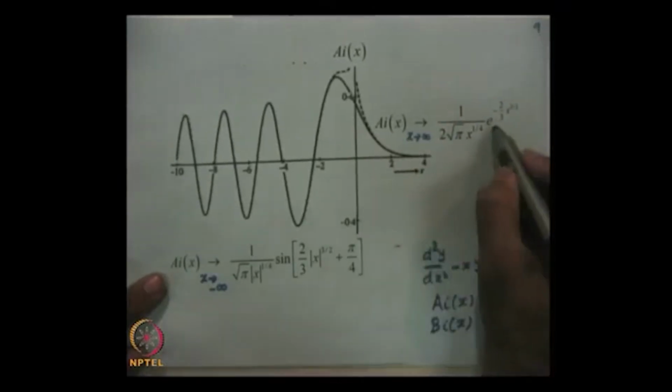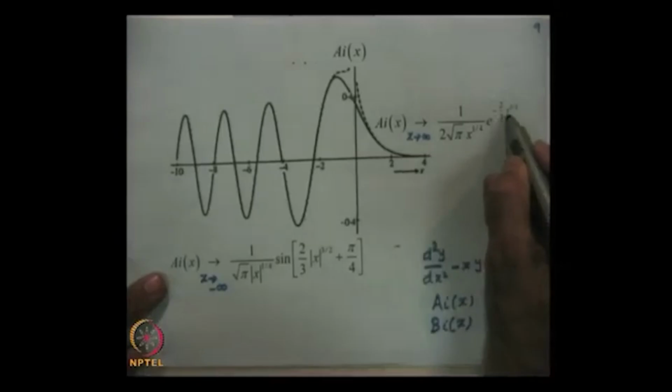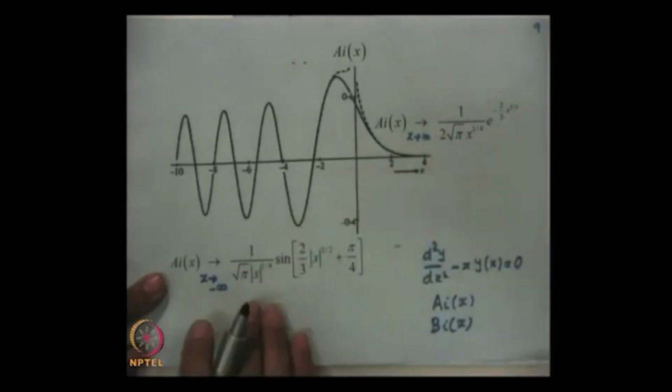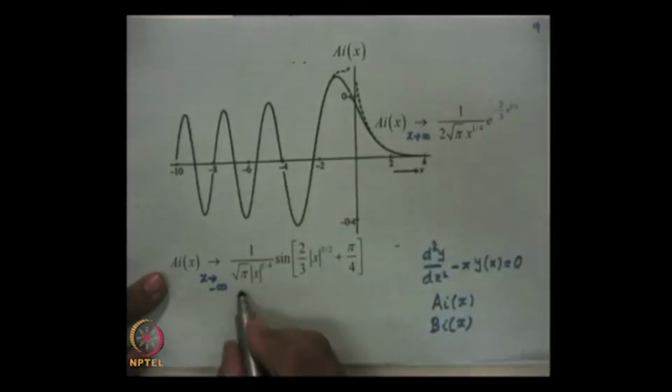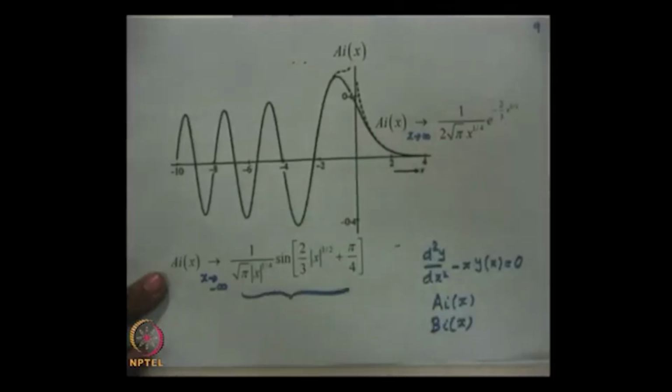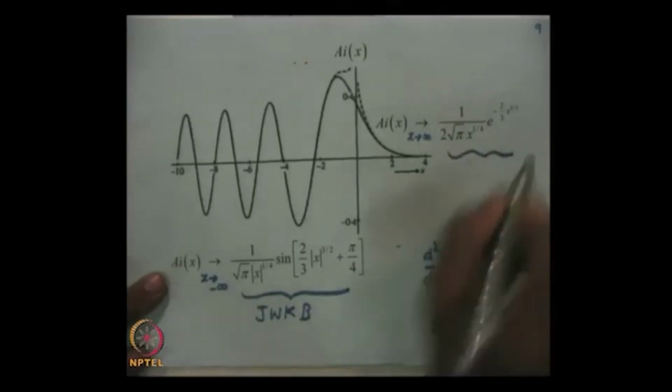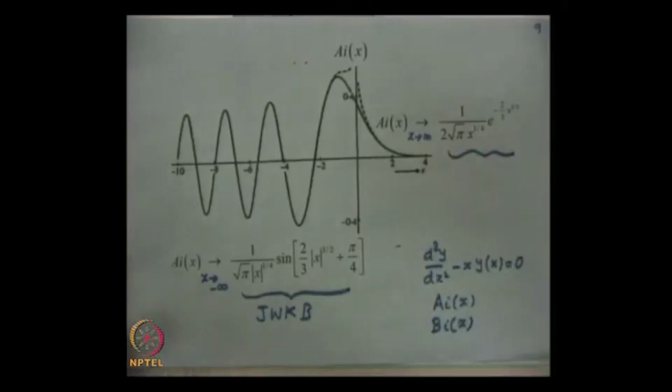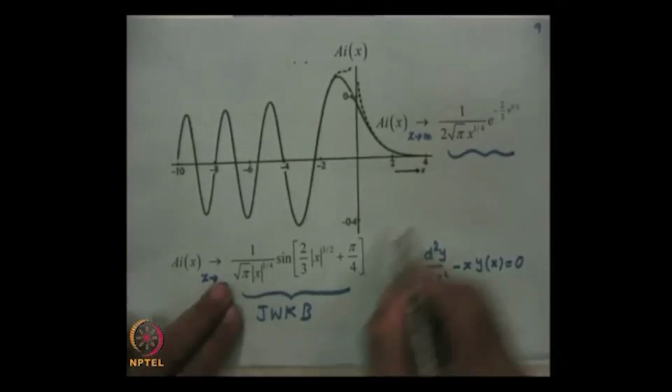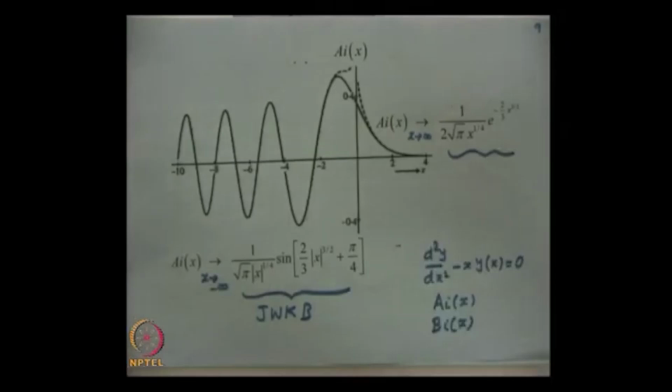If you can read properly, this is exponential minus 2 by 3 x to the power of 3 by 2. Now, these asymptotic forms are the Jwkb solutions, and so therefore, the sine term goes over to this term.